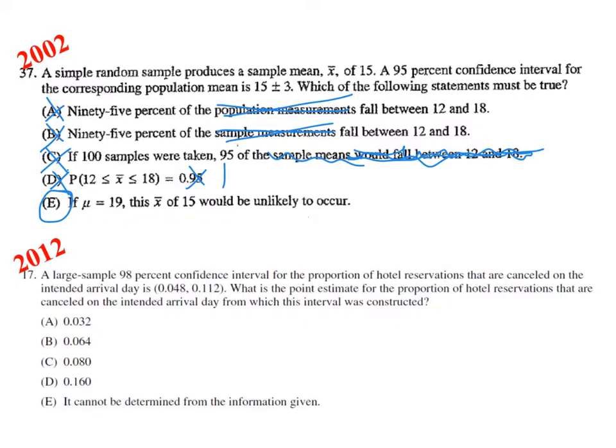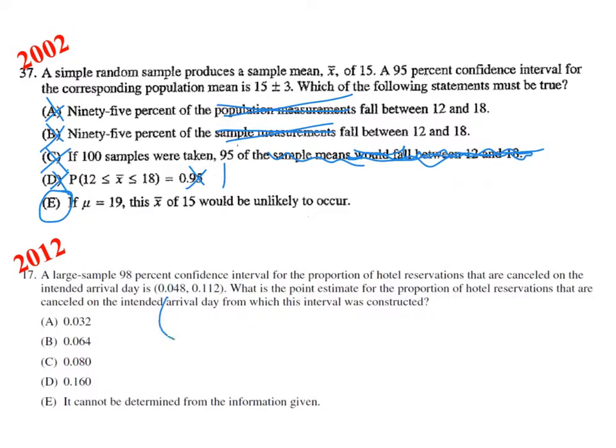2012, a large sample, 98% confidence interval for the proportion of hotel reservations that are canceled on the intended arrival day is 0.048 to 0.112. What's the point estimate for the proportion? Okay, so the point estimate, remember, is what we got from the actual sample. It's the middle of our interval.